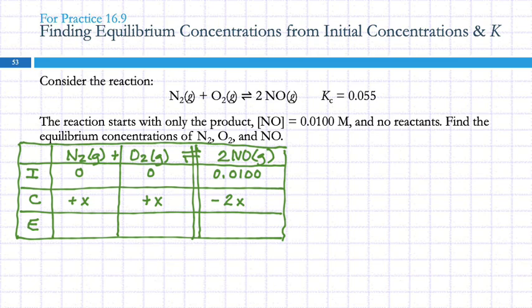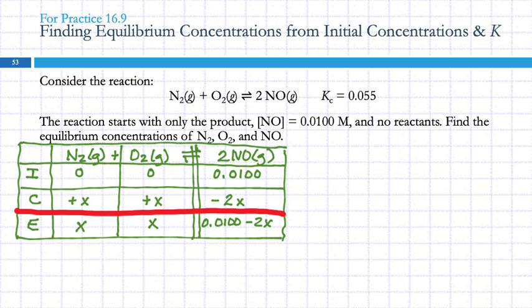Now we're going to add the initial and change rows. 0 plus x. Ooh, this is tough stuff on a Tuesday morning. 0 plus x. Okay. And then this one, 0.0100 minus 2x. Okay?